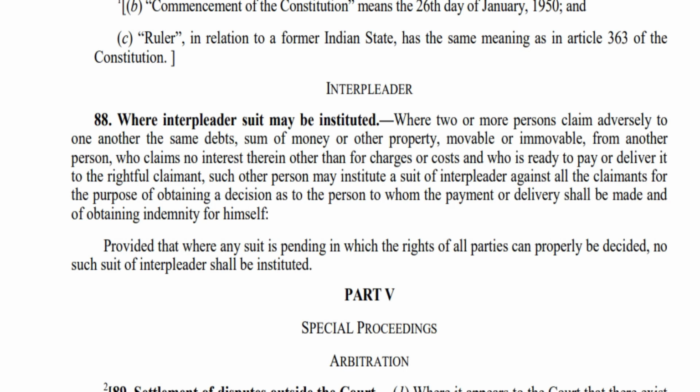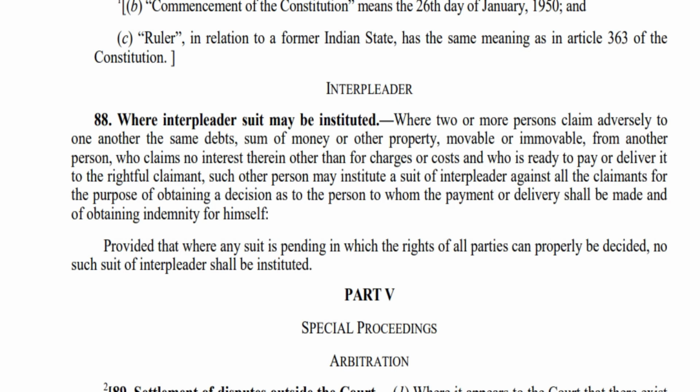This can be for movable property or immovable property, or with respect to money or other property. But the most important point here is that the tenant should not claim any interest in the property. He should not have any particular right over the property, except the confusion as to whom he should pay the rent.